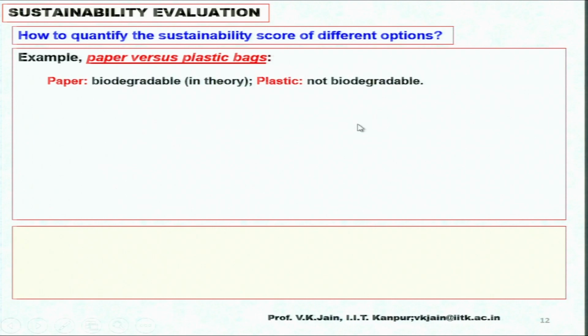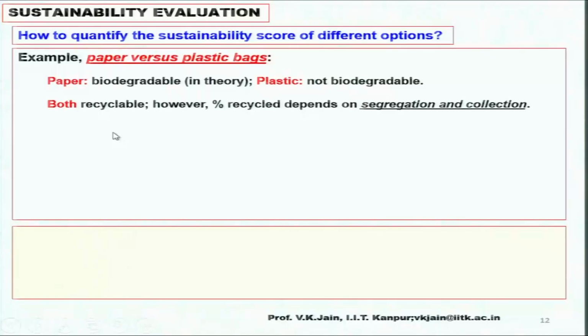It has really become a big issue in the whole world. 50 years back it was not a problem, because most of the things were being made by paper only. Both recyclable, because we in India don't use and throw once, rather we try to recycle as much as possible. Same is true with paper bags and paper products also.